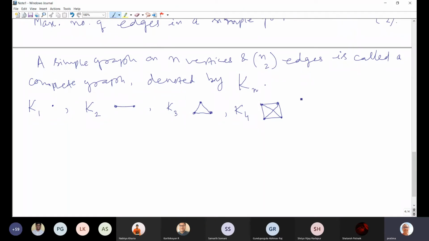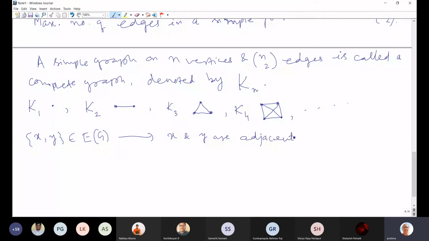So it goes like this. One thing I wanted to tell you is this terminology. Whenever xy belongs to the edge set of G, then we say that x and y are adjacent. I think I have told you in the previous class.